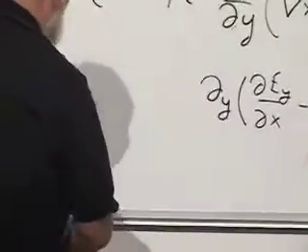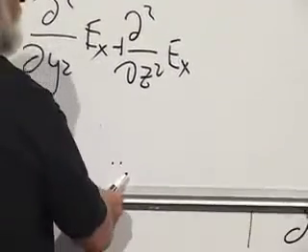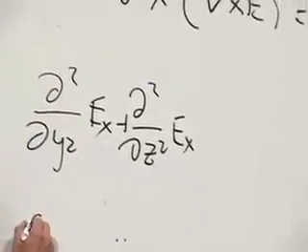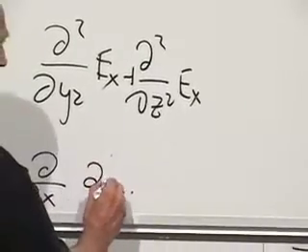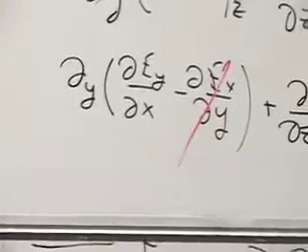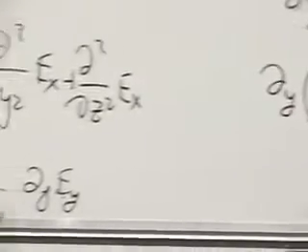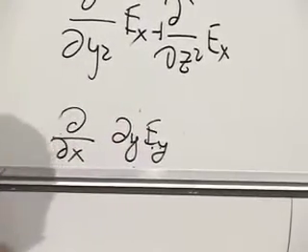And then we get two other terms which look a little mysterious. What are they? They are the derivative with respect to x of dy EY. That's this term over here. It looks a little different because I've interchanged the x and y derivatives.